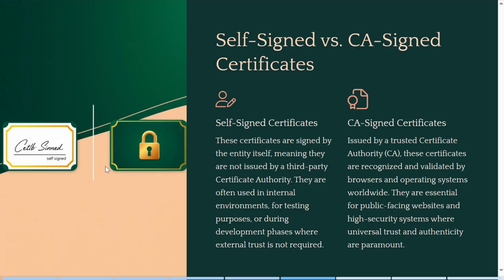If I say the public certificates in the CA-signed certificates, those will be available in most of the machines worldwide. And these will be used for the public-facing sites or the internal sites as well, where we need to secure the data and secure the integrity of that data. So whenever we have some critical systems, we use CA-signed certificates.